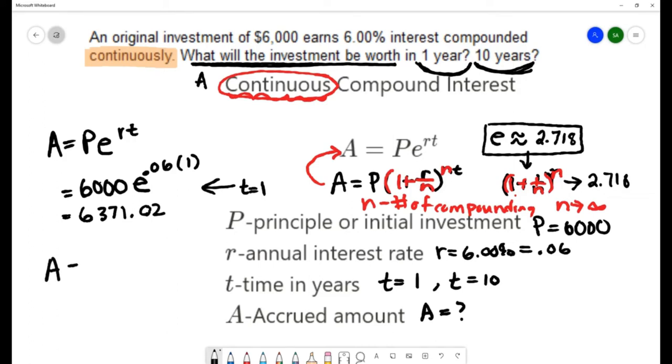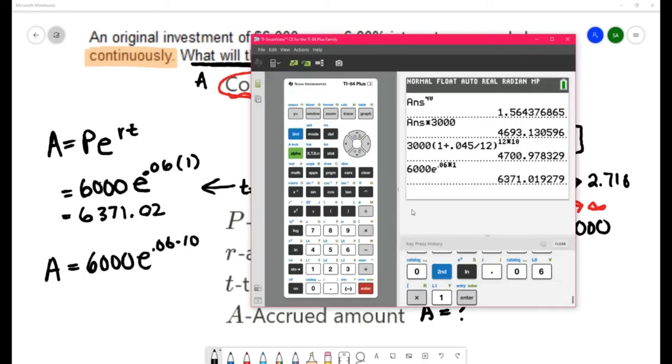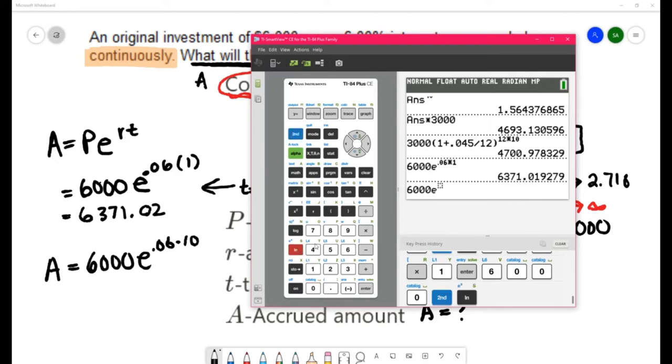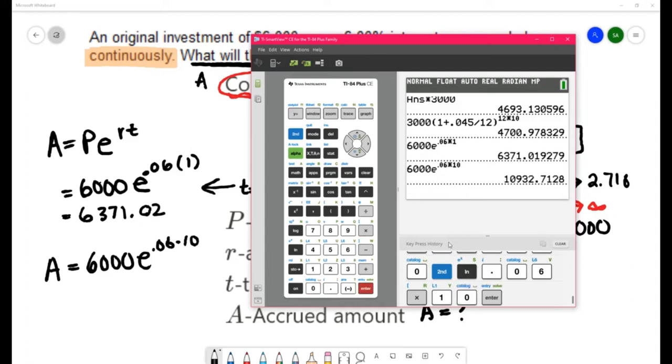That would be A equals 6,000 times e to the 0.06 times 10. And let's type that in our calculator. We have 6,000 e to the 0.06 times 10. And that $6,000 will grow to be $10,932.71.